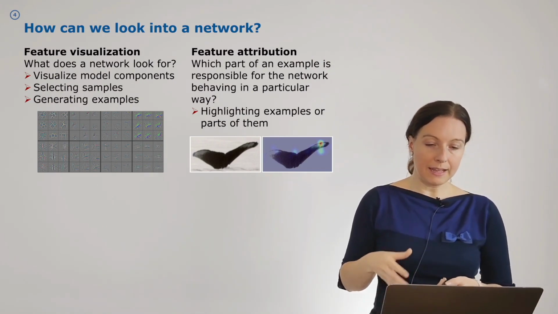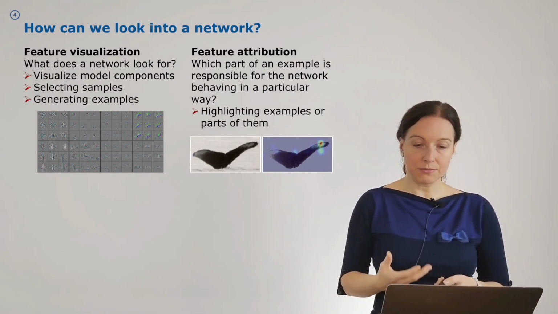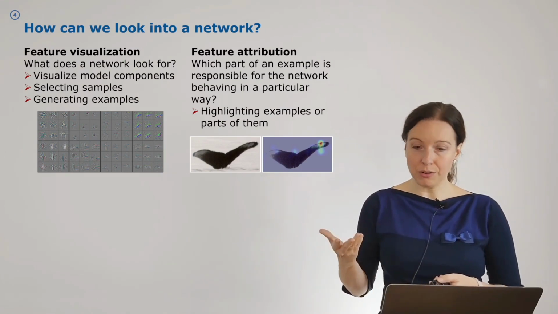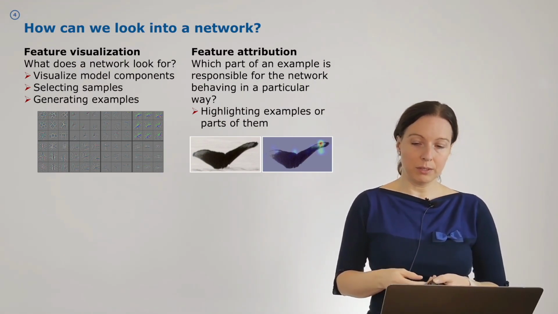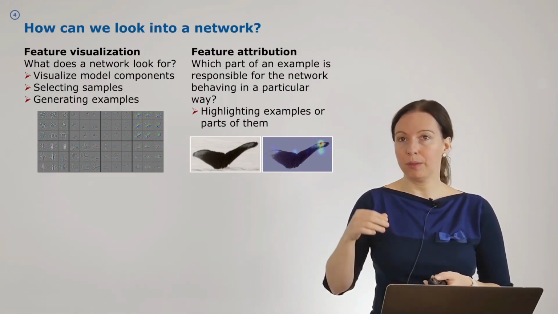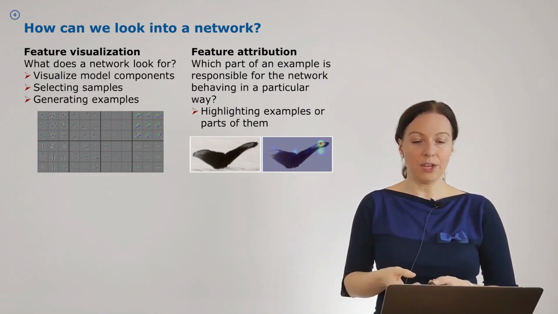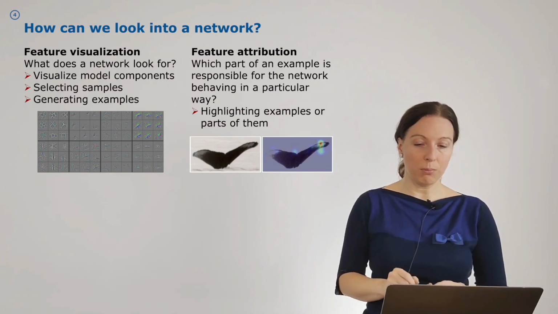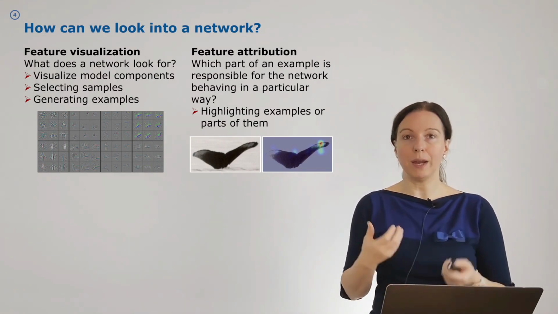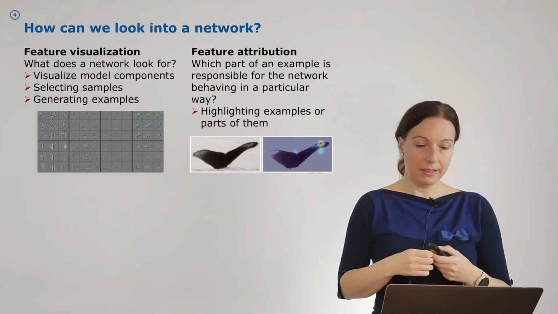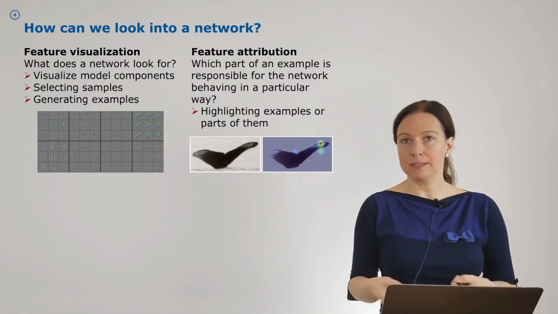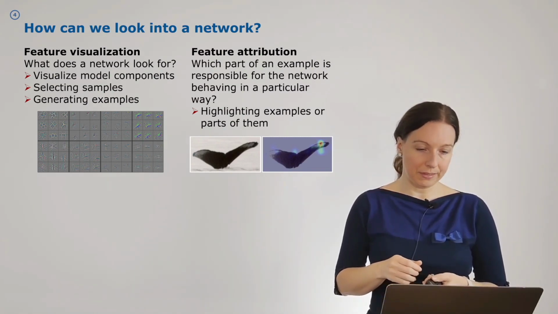Here we select representative samples from the data set, or we generate samples, for example, examples which lead to high activations, or we visualize components in the network like the weights or the activation maps. From this we get new insights into what was actually learned.